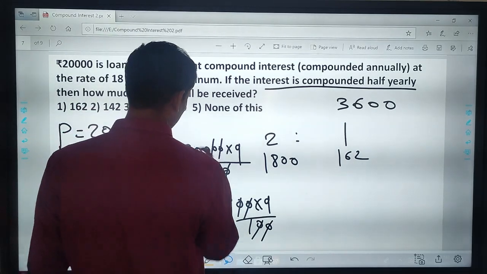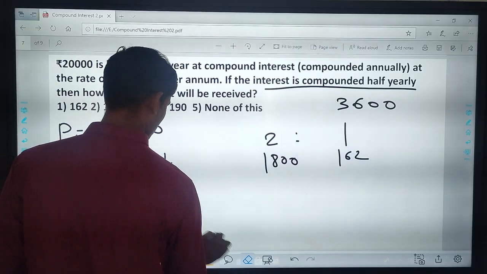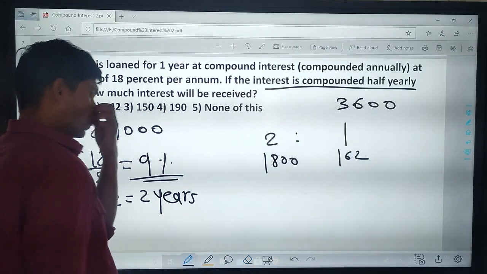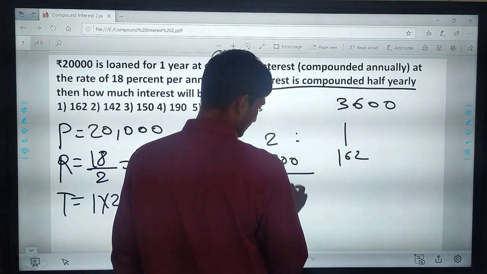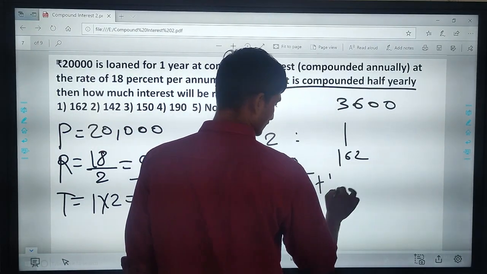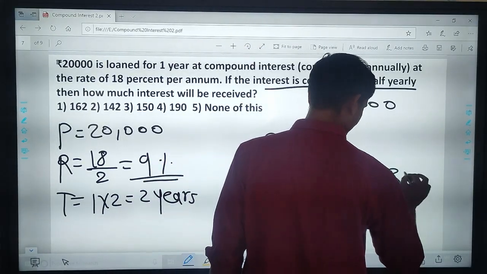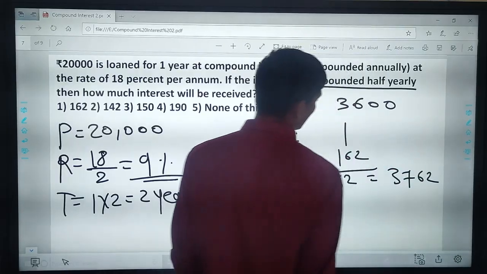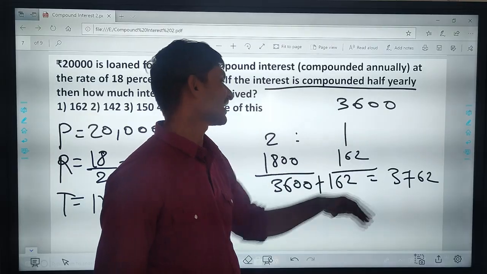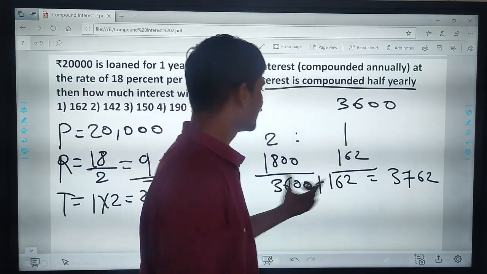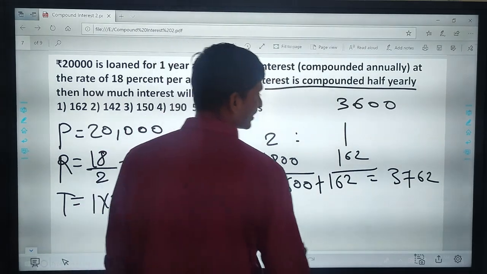That is 162. Now here the total interest by this scheme is 3762. Firstly interest is 3600, and now by the second condition your interest is 3762.